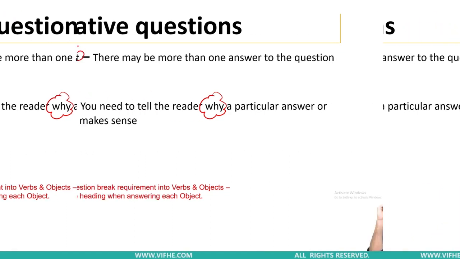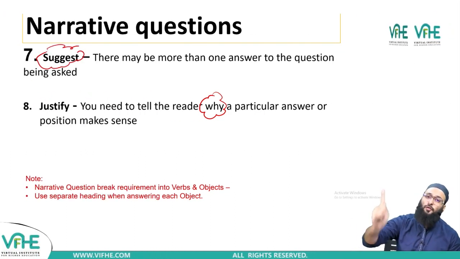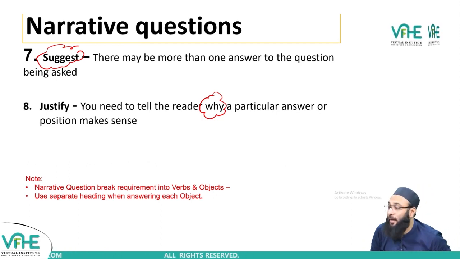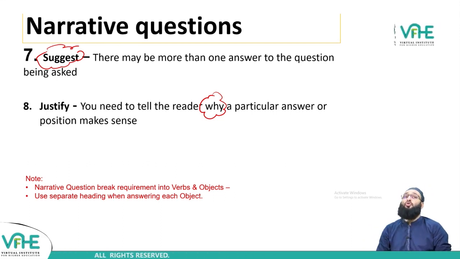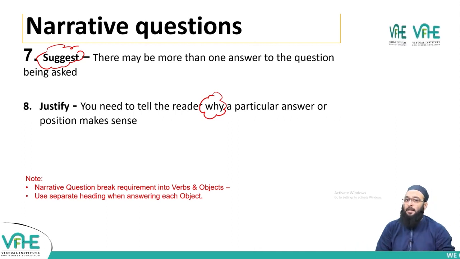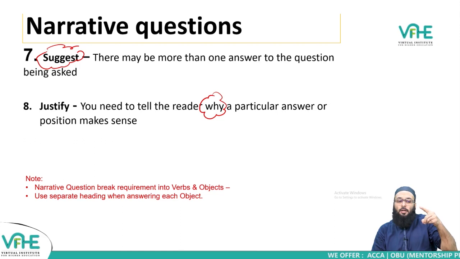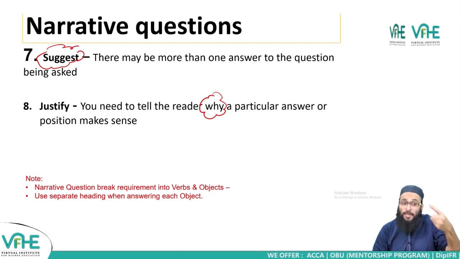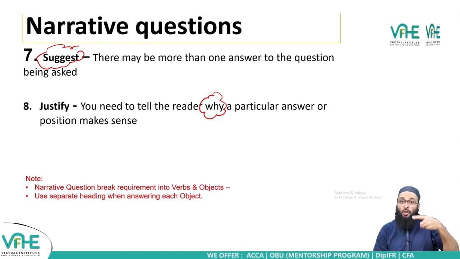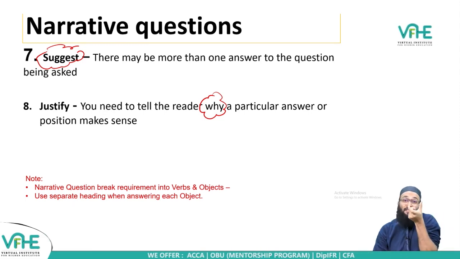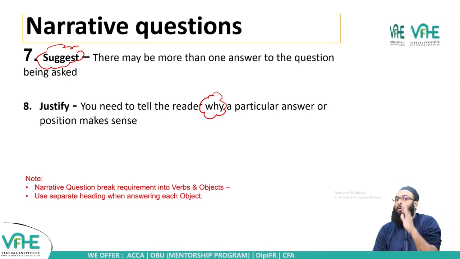For example, justify the usage of throughput accounting. So I'll say, hello, throughput accounting is a technique that will help us to maximize the use of bottlenecks. Now, maximizing the usage of bottlenecks is a very valid reason for using throughput accounting.